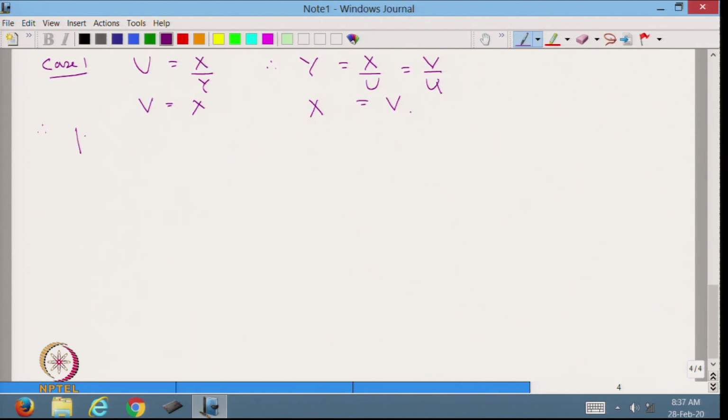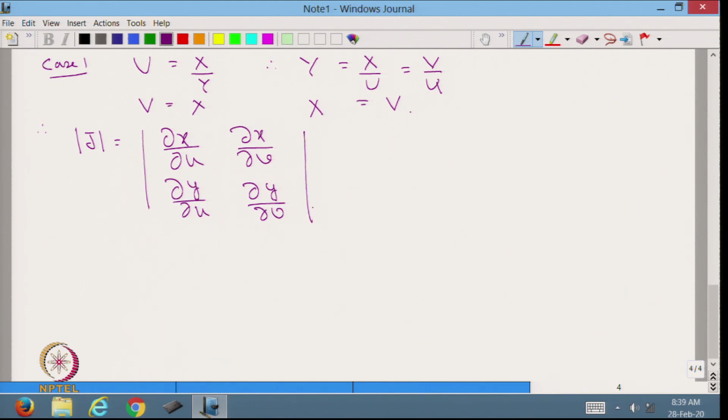Therefore, the Jacobian is the determinant of del x del u, del x del v, del y del u, and del y del v.